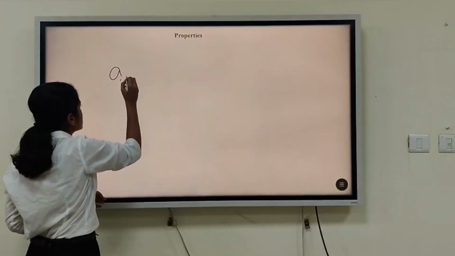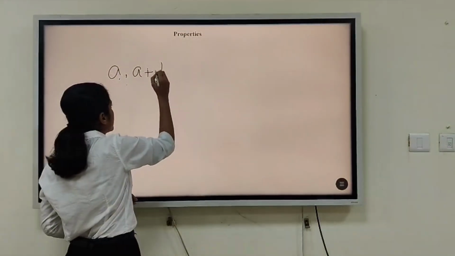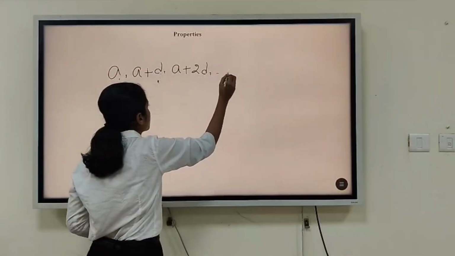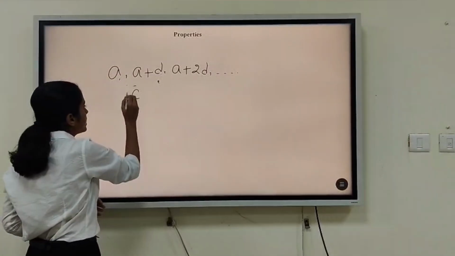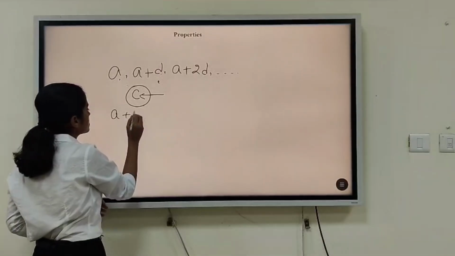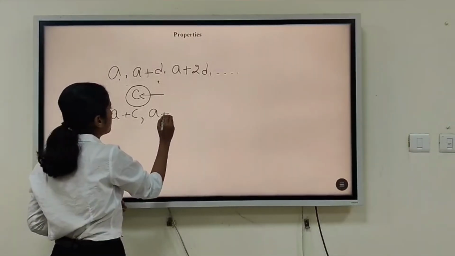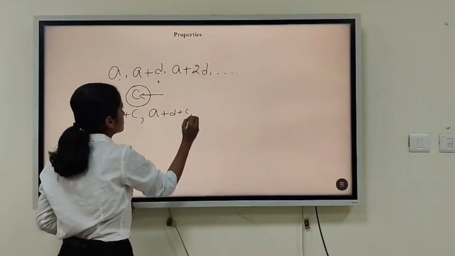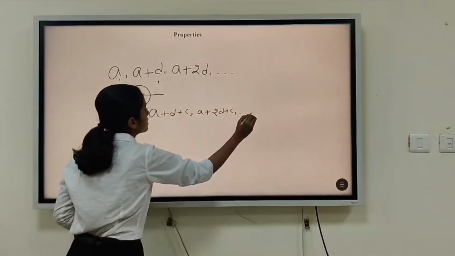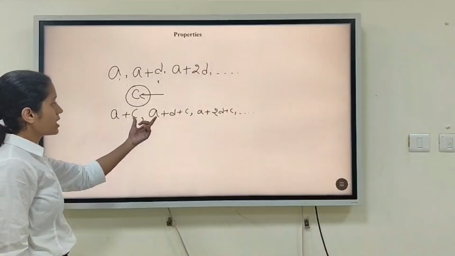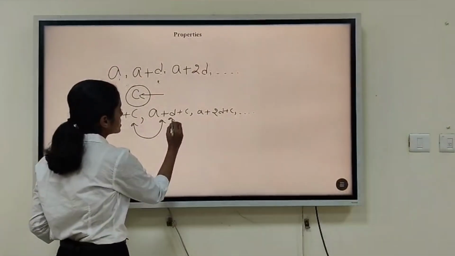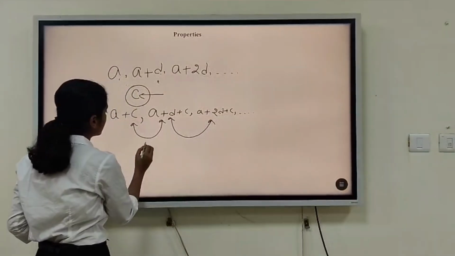Let's suppose this is an AP: a, a plus d, a plus 2d, and so on. And let's suppose you add a constant value c to each term of this AP. It will look like this. And this resulting sequence is again in AP because the common difference of its consecutive terms is nothing but d only.